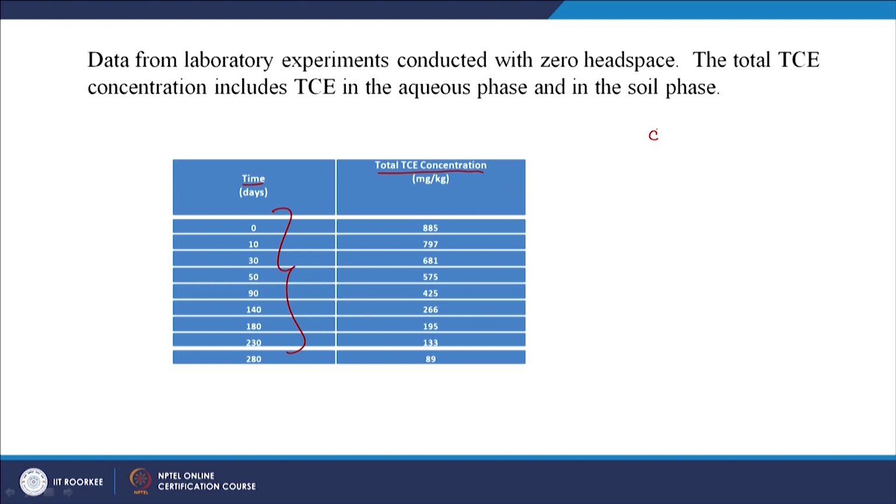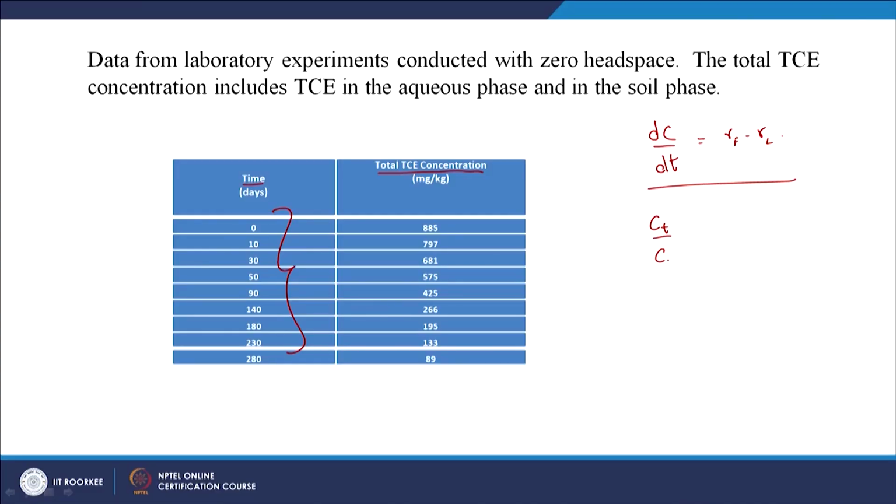And how did we go about that? We know that from mass balance, dC by dt is equal to rate of formation minus rate of loss. While either applying it to the entire system, both the soil and the groundwater, or applying it to just the groundwater, we can come up with different ways. And I think we came up with something like Ct by C naught is equal to e to the power of minus k star t.